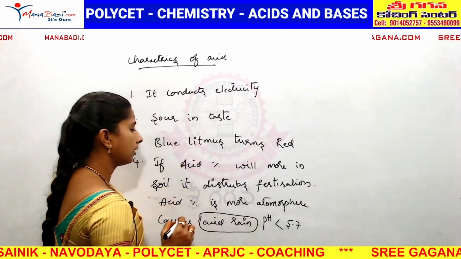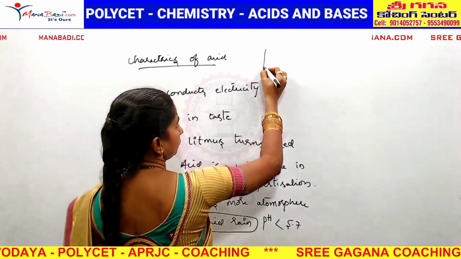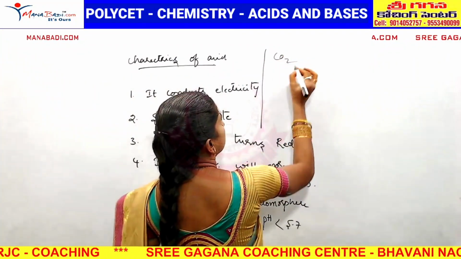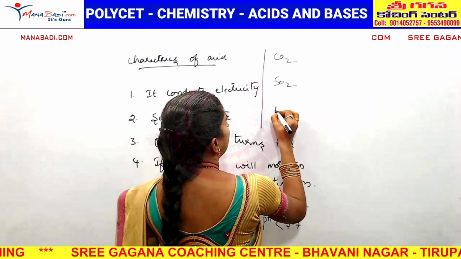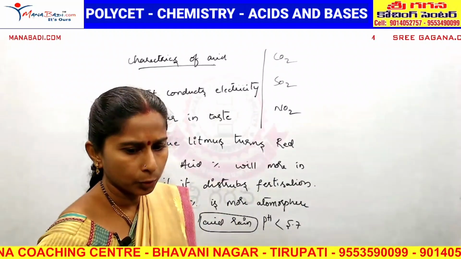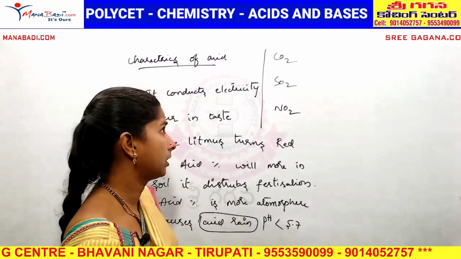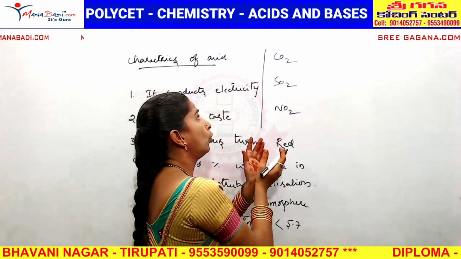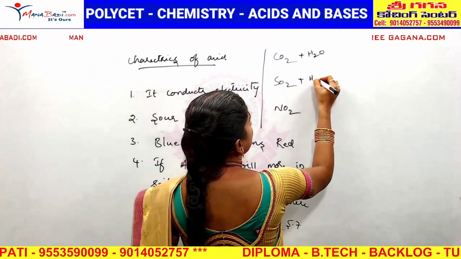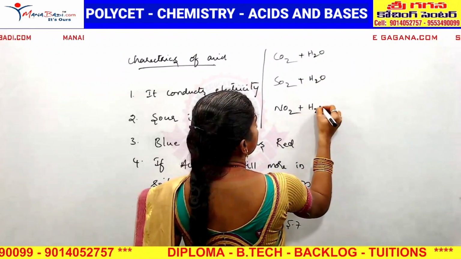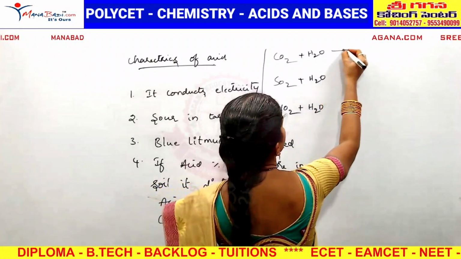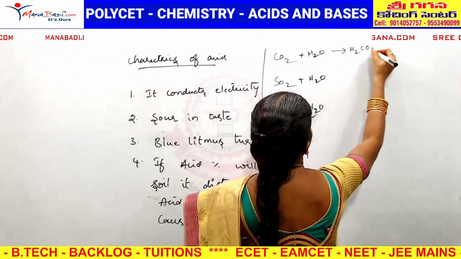Acid rain means in the atmosphere, carbon dioxide, sulfur dioxide, nitrogen dioxide, these gases are released from automobiles or from factories. If these contents are more, they react with water which is present in the atmosphere.